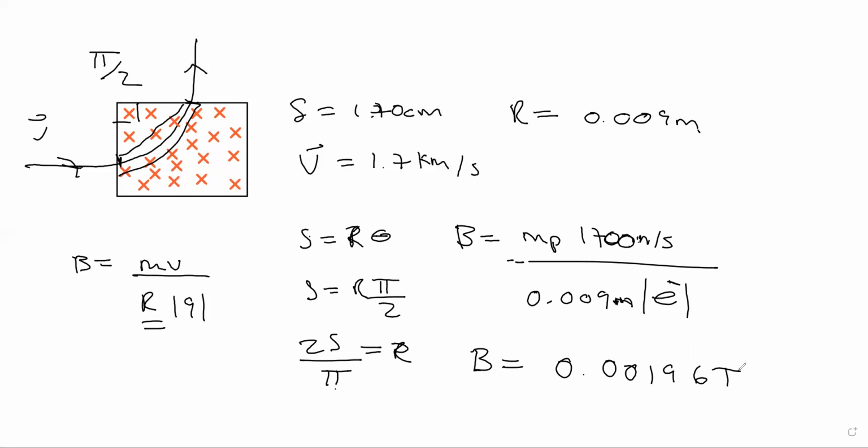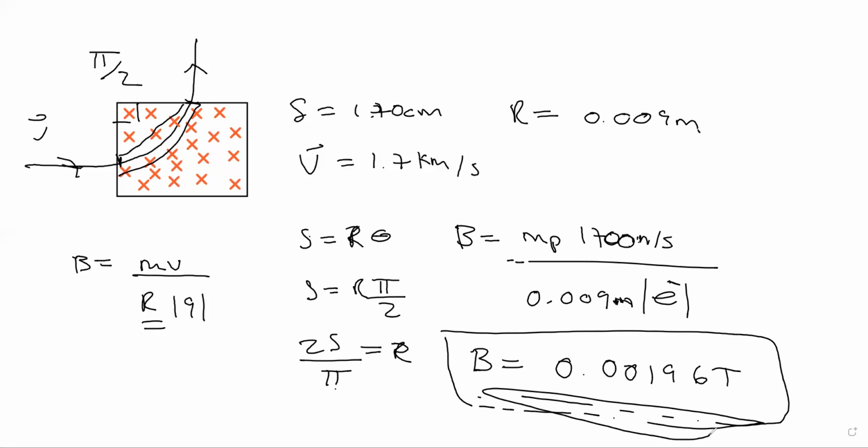Converting to meters per second, we just have to multiply by 1,000, right? That's what k stands for. All right, any questions on this problem? What did you get?